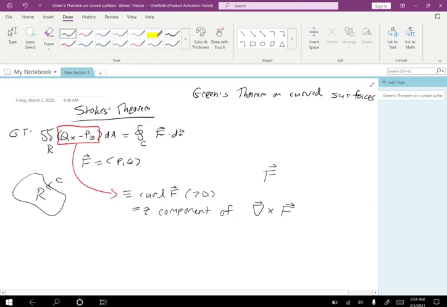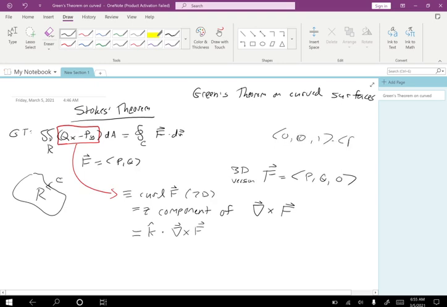Of course, now we're using a 3D version, where you just add a 0 to the z component. So what is the z component? It's just the k projection of that vector. If I take 0, 0, 1 and dot it with PQR, surely I'll get R.